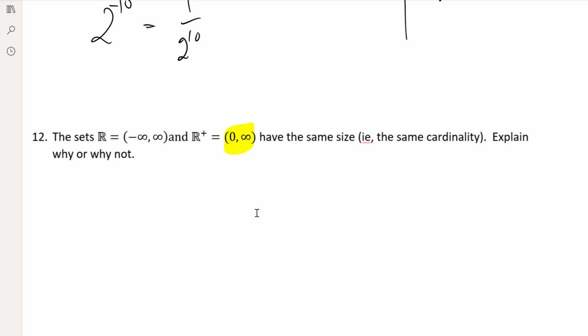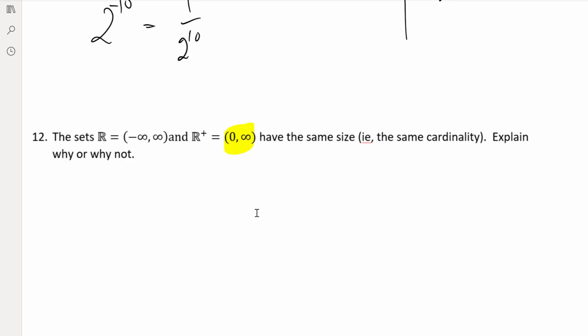Doesn't that seem like only half as big? In a perfectly understandable first naive impression, you would think that they are not the same size. The positives is only half as big as all of the reals from minus infinity to infinity.